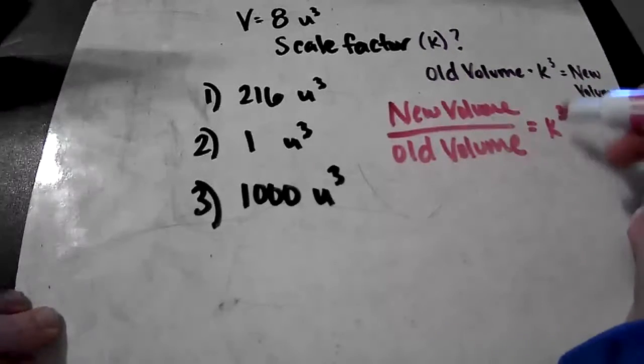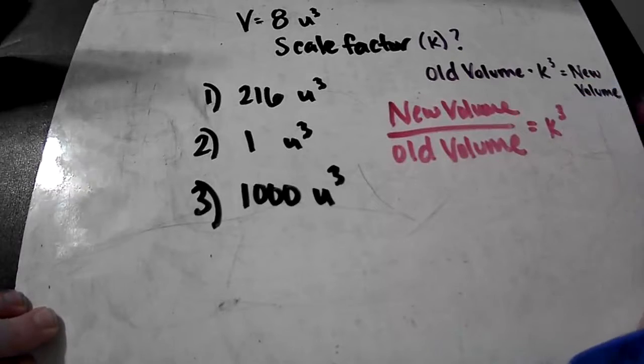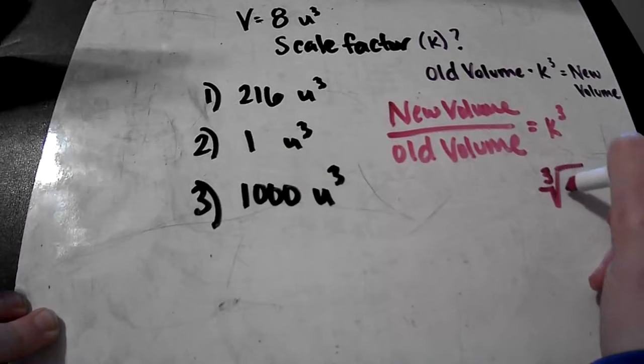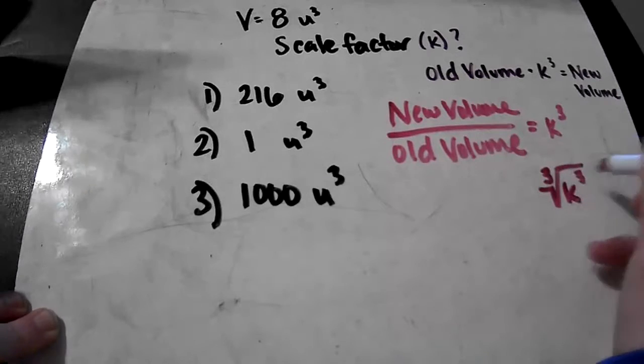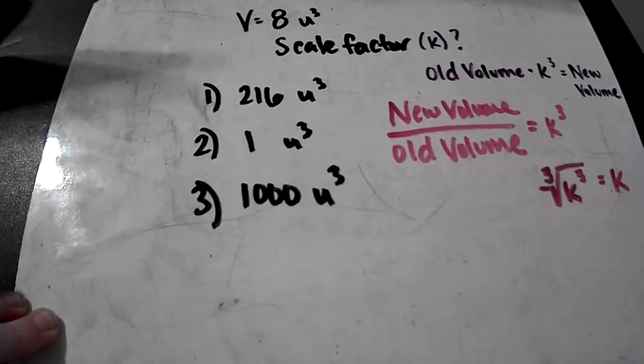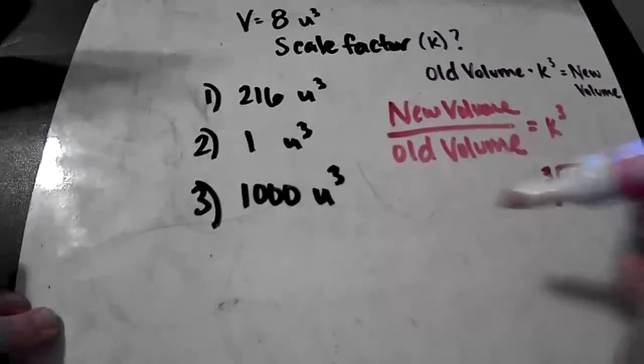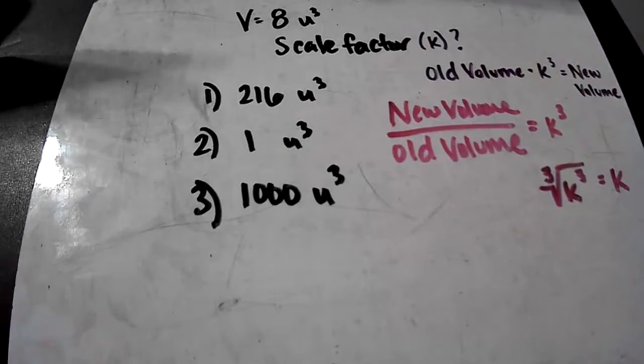In this lesson, we've been talking about how we can undo a cube by using a cube root, so we can do the cube root of our k cubed, and that's going to give us our scale factor k. So new volume divided by the old volume, and then we'll take the cube root, and we're going to do that same process for each of these three problems.